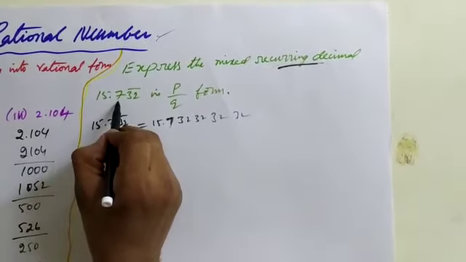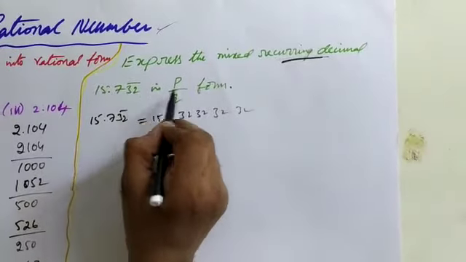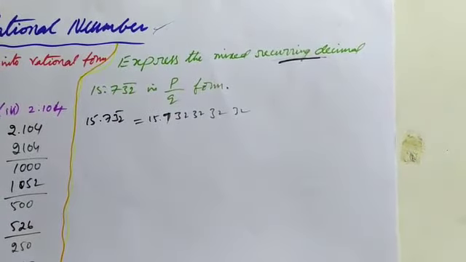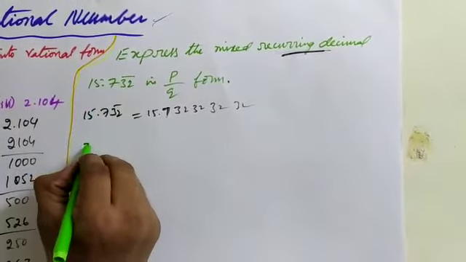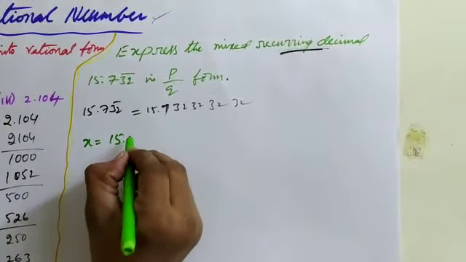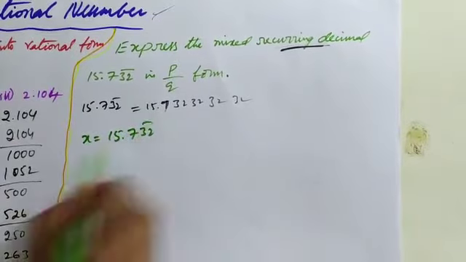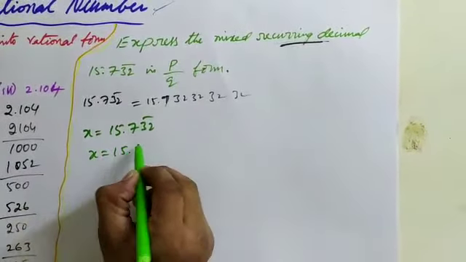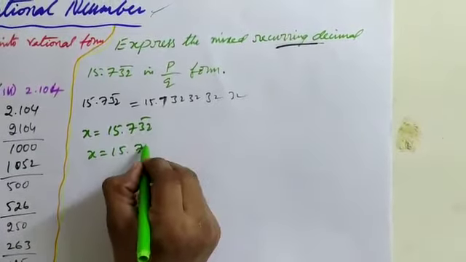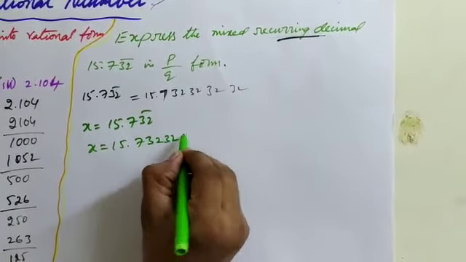Here 15.732, only 32 bar, in P by Q form. First of all, let us take x is equal to 15.732 bar. Therefore x is equal to 15.7, and you write 32, 32, 32.